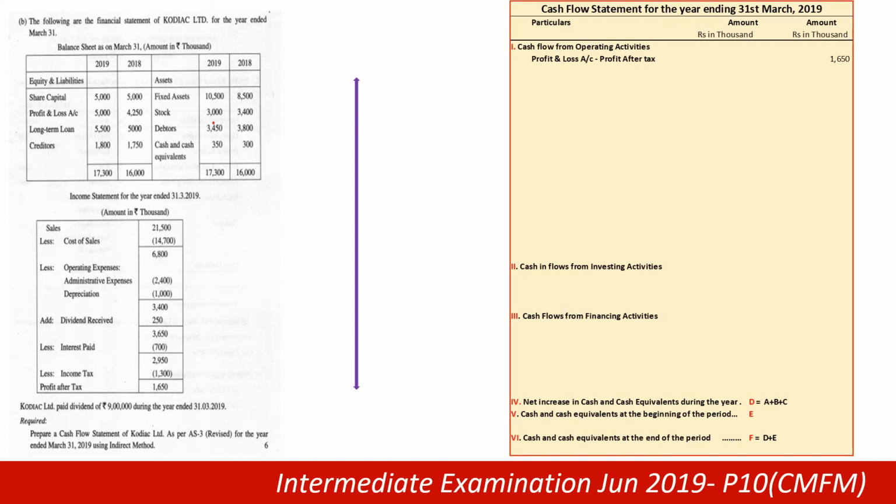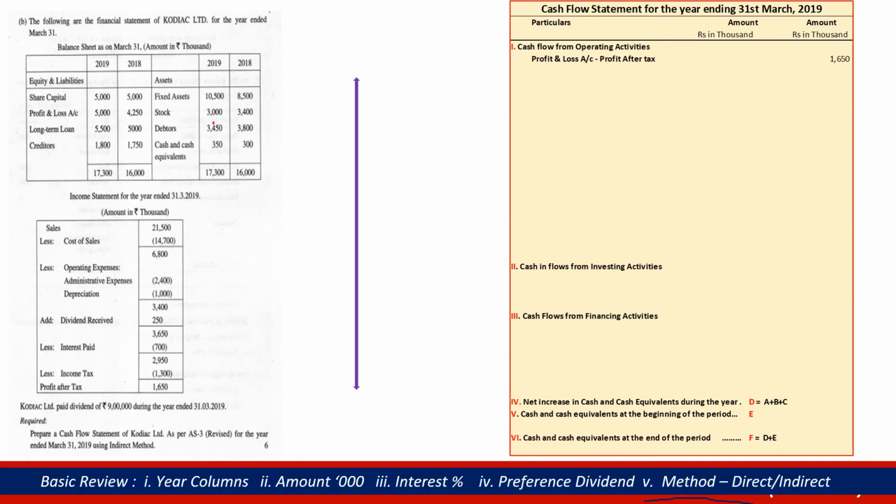Let us take an illustration. This is an exam question of June 19. Let us understand the cash flow statement from here. Now, when you have a problem like this, first you have to be very clear which is current year and which is previous year. First column is current year, second column is previous year. One thing to be very clear.